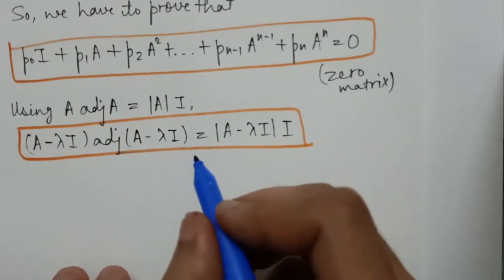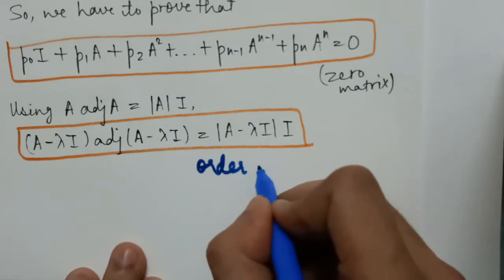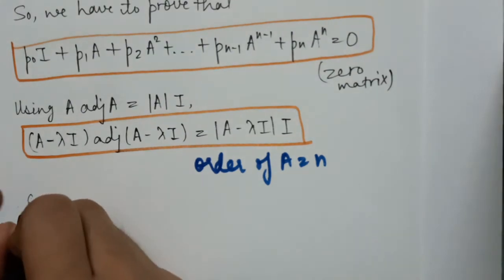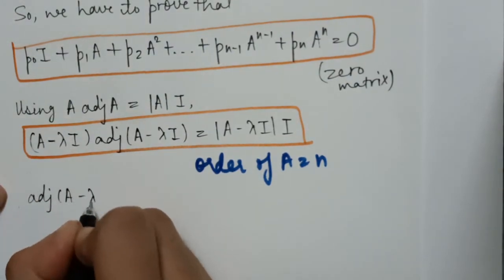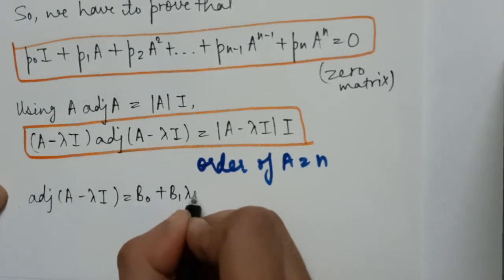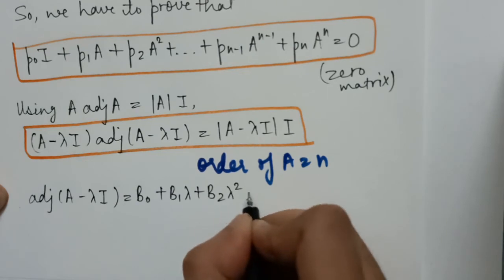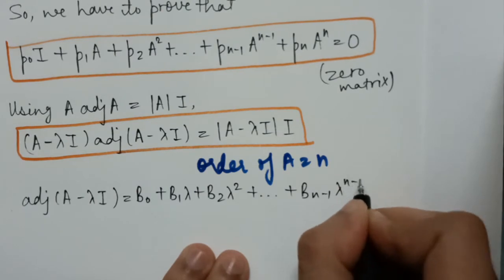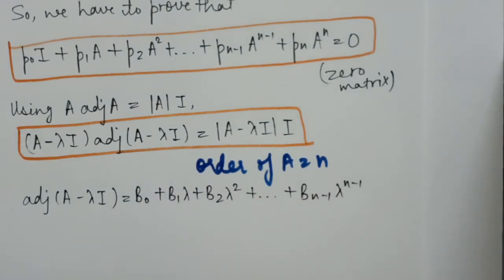Again to the proof, the order of A was equal to n, so we can write adjoint of A minus lambda I equal to B0 plus B1 lambda plus B2 lambda square plus up to Bn minus 1 lambda n minus 1, which is a polynomial in lambda with degree n minus 1. Because the order of the given matrix was n, we can write the adjoint of A minus lambda I as a polynomial in lambda with a degree less.